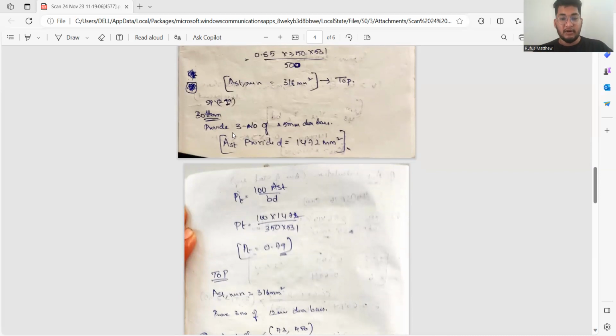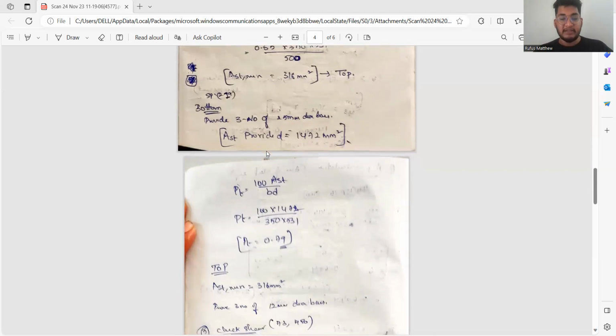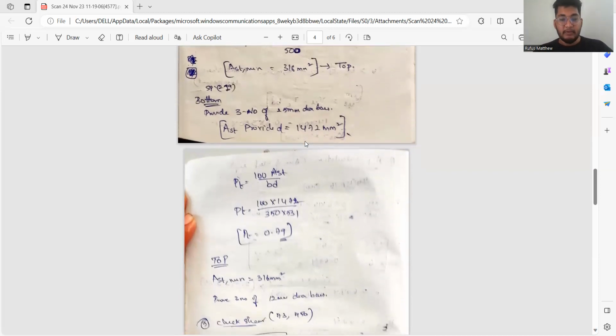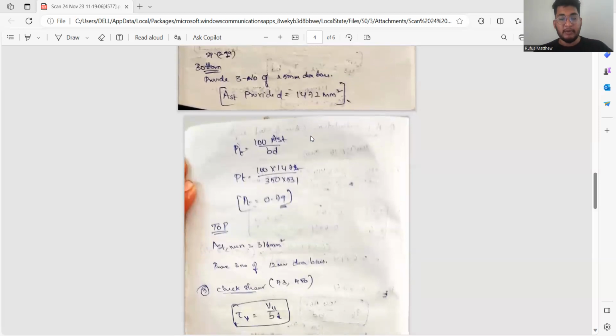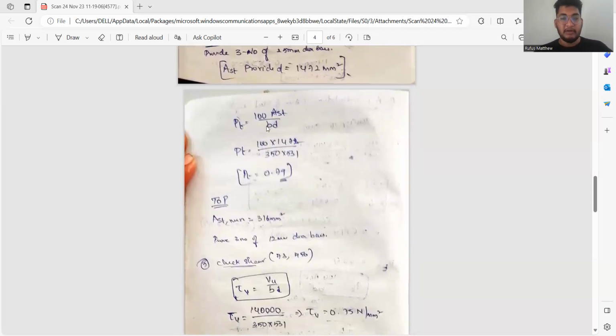So for the bottom, we will see how many bars we should provide. We will provide here three numbers of 25 diameter bars. So we'll get the AST provided by referring to the IS code book. Then AST provided equal to 1472 mm square is what we got. So PT equal to 100 AST by BD.